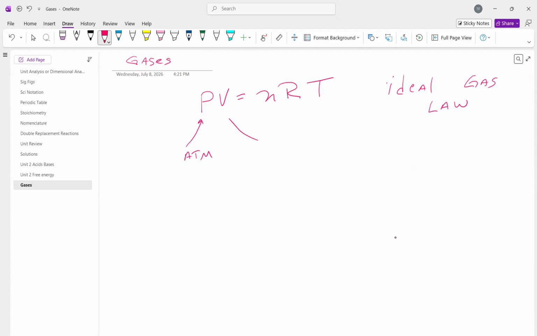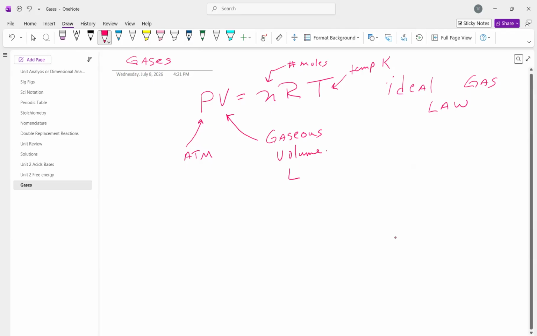V is your gaseous volume in liters. N is the number of moles. T is temperature in Kelvin. And R is the gas constant.